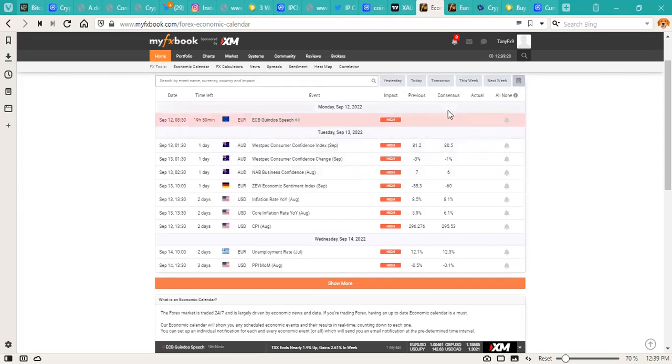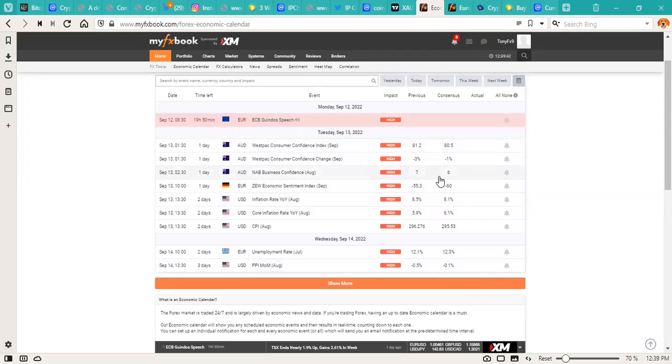You can see here that the consensus is 80.5, but the previous is 81.2. When a consensus is lower than the previous, that means that the currency is going to be weak. And then the actual can be 80 or probably 75, which is going to make AUD weak.